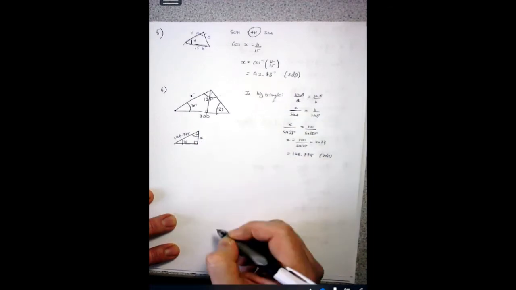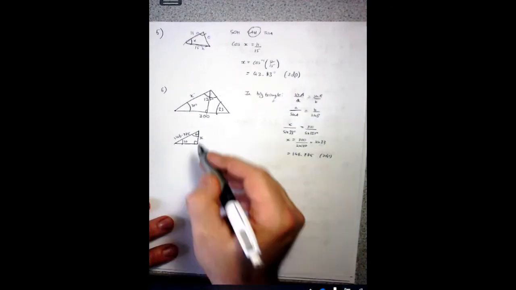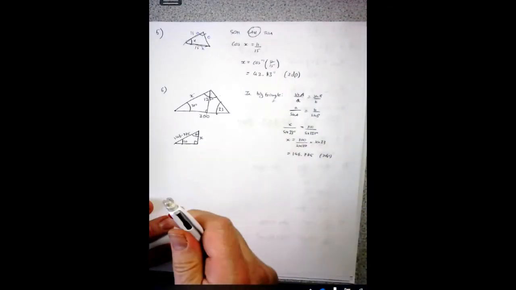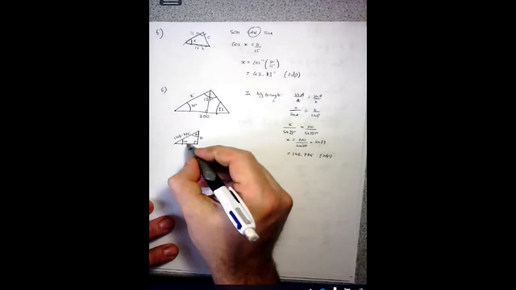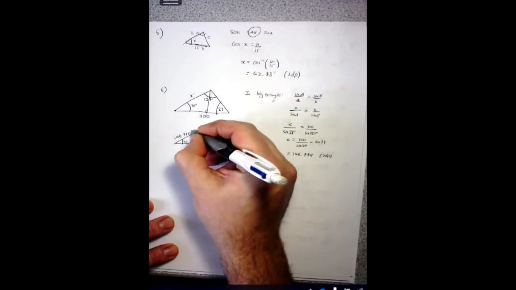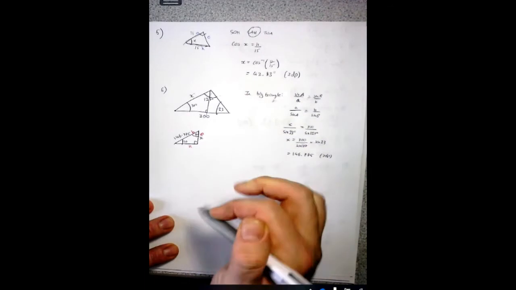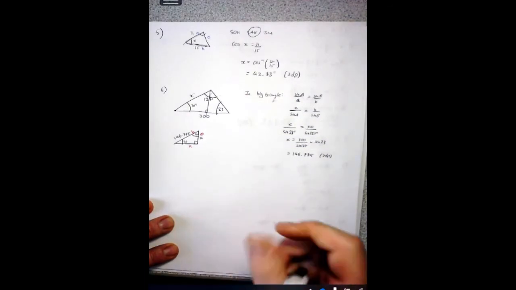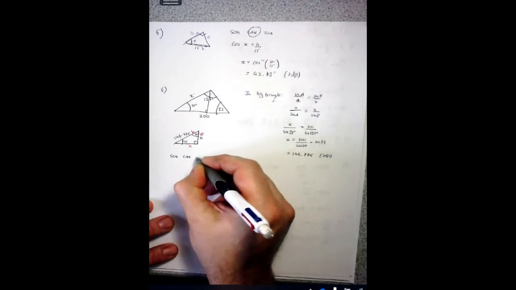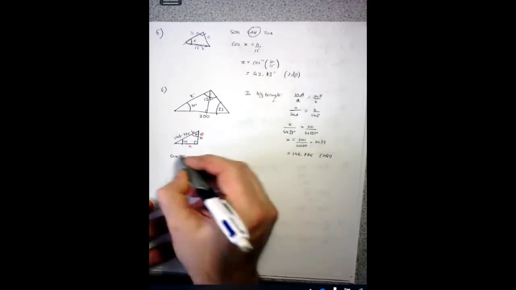So TOA, opposite and hypotenuse. Right, here we go. Sine 30 equals x over 146.775. To get x on its own then I'll just multiply. So x is sine 30 times by 146.775.